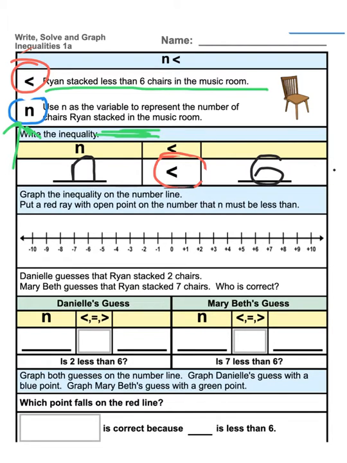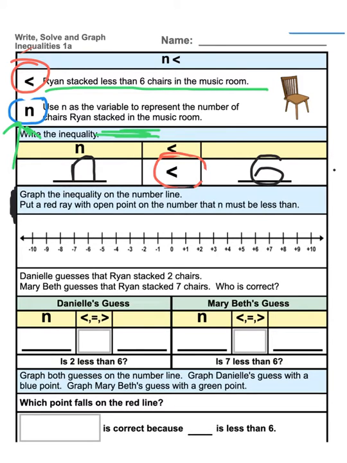Now, down here, it says graph the inequality on the number line. Put a red ray with open point on the number that N must be less than. So I'm going to zoom in right here.